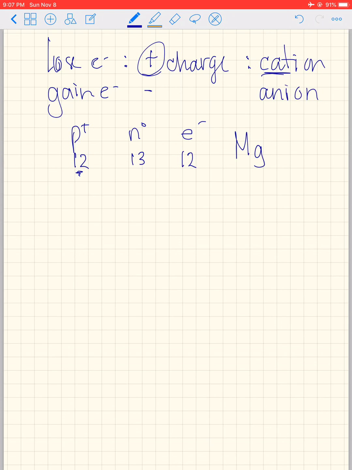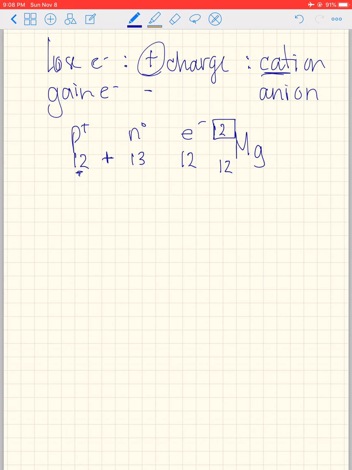And isotopic notation means that I put the number of the protons, or the atomic number, down there, and up here I'm going to put the atomic mass. The atomic mass comes from adding, remember we said that in the last page, that the atomic mass comes from adding the protons and adding the neutrons.